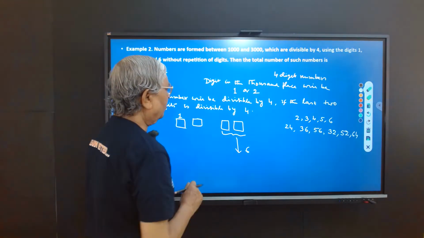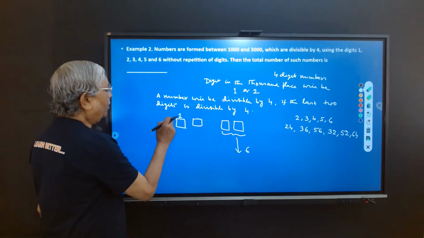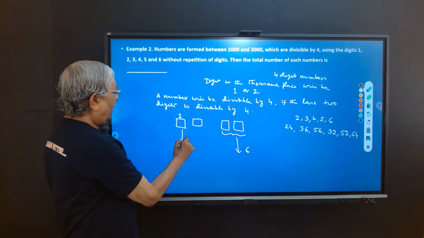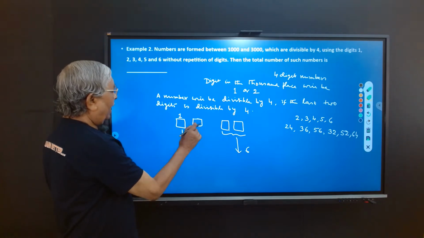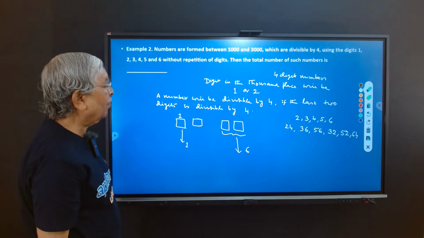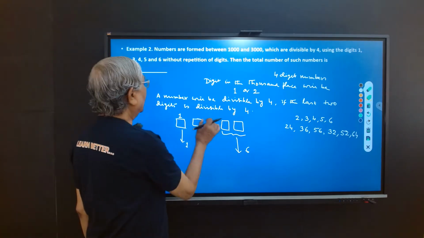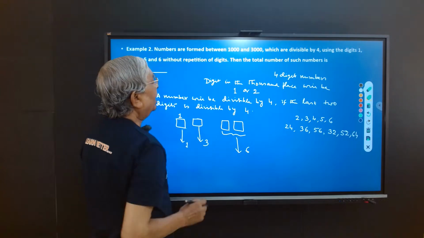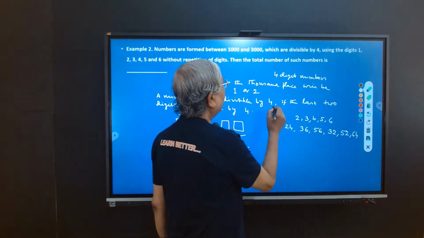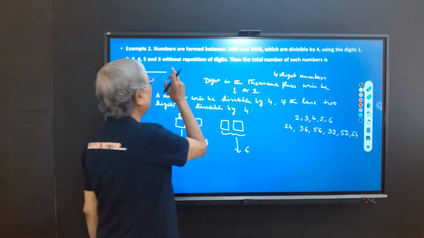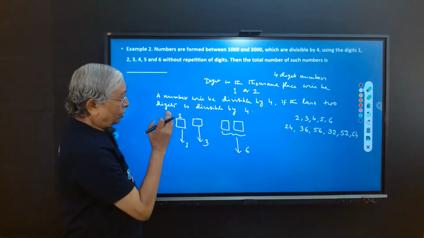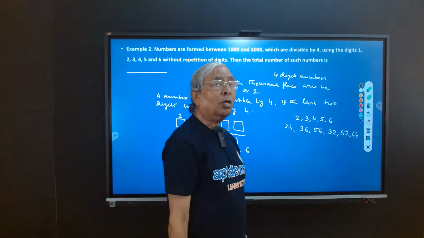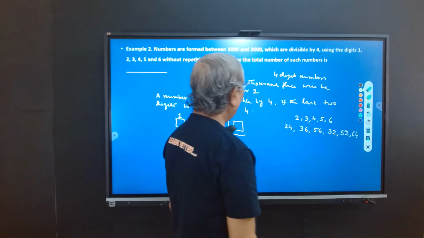Here in the thousand place there is 1 digit. And how many digits are remaining? We have 6 digits, 1, 2, 3, 4, 5, 6, so 3 digits are remaining for the hundred place. Now the number should be divisible by 4, so the last 2 digits will be divisible by 4.